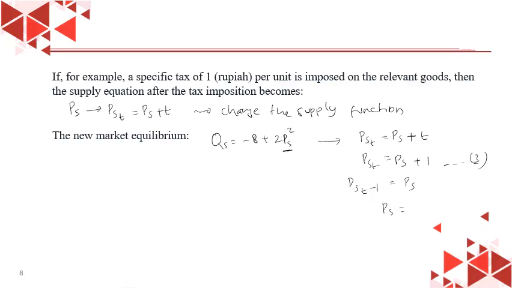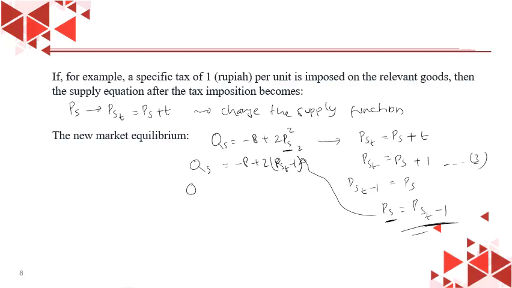So now I substitute the PS. PS equals PST minus 1. So QS is minus 8 plus 2 PS quadrat. All the PS quadrat, we change to PST minus 1 quadrat.